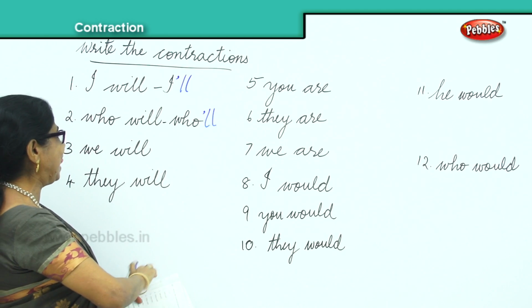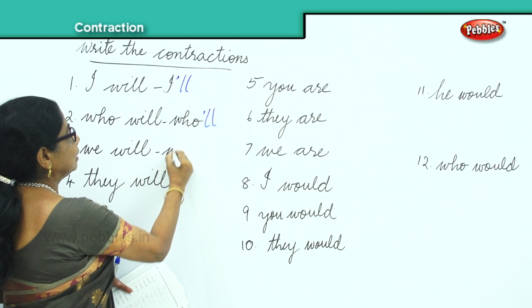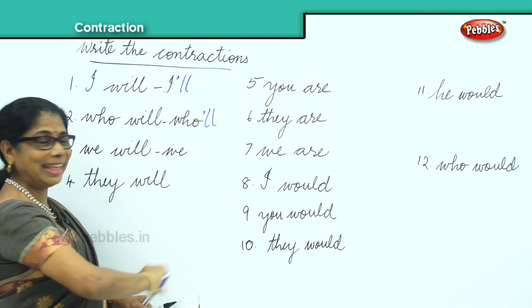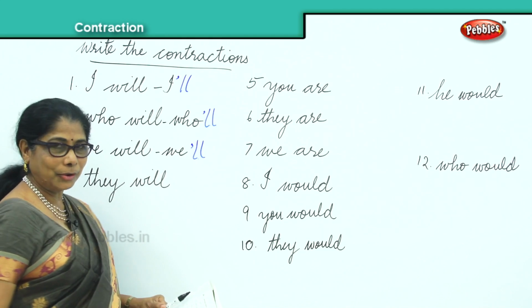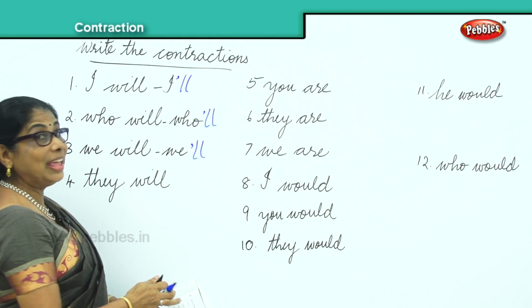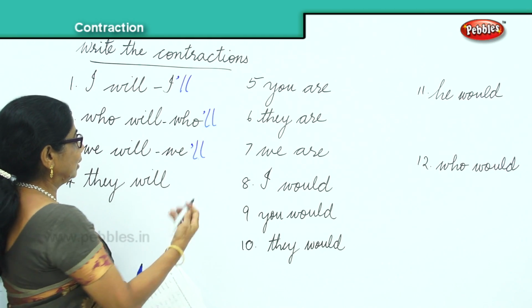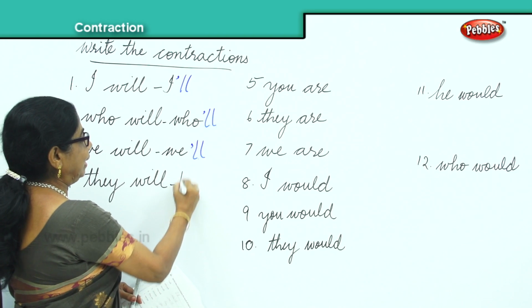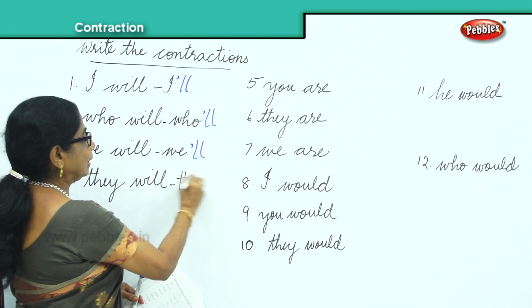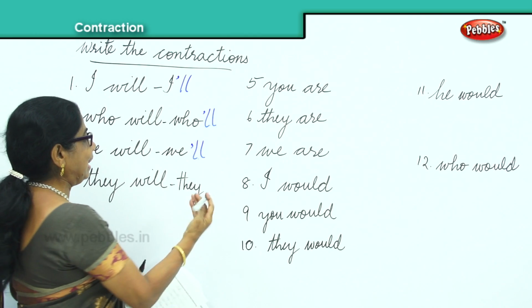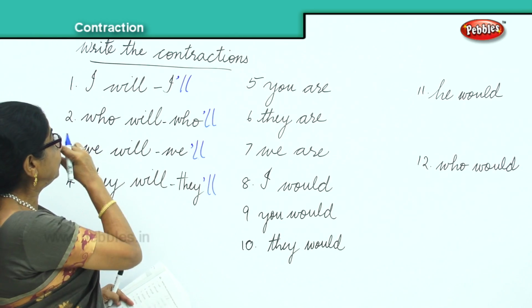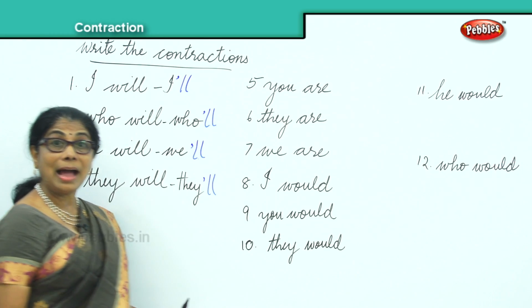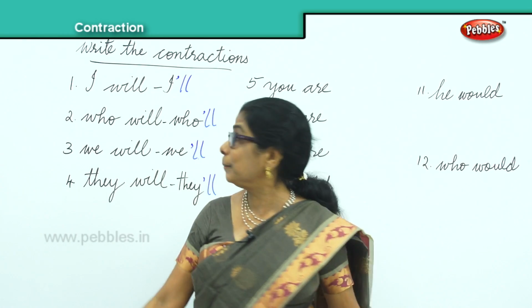Then you have we will. We will is we'll. We'll come tomorrow. And now they have they will. How do you write that? They'll. Now look at all these four very carefully. I'll be there.